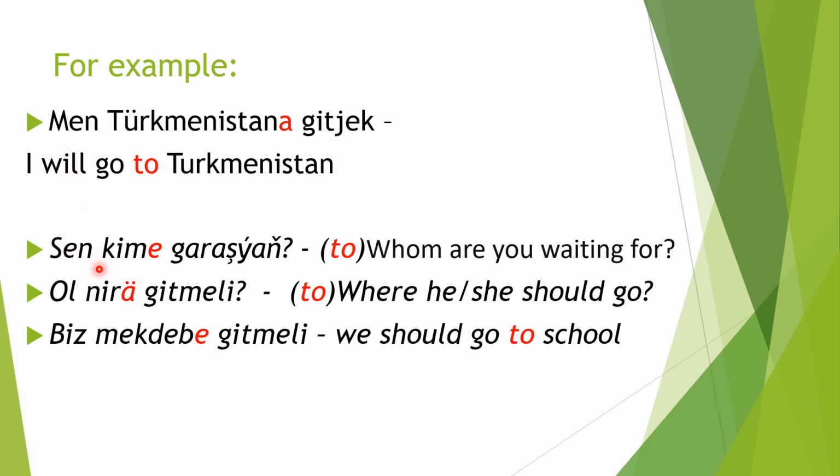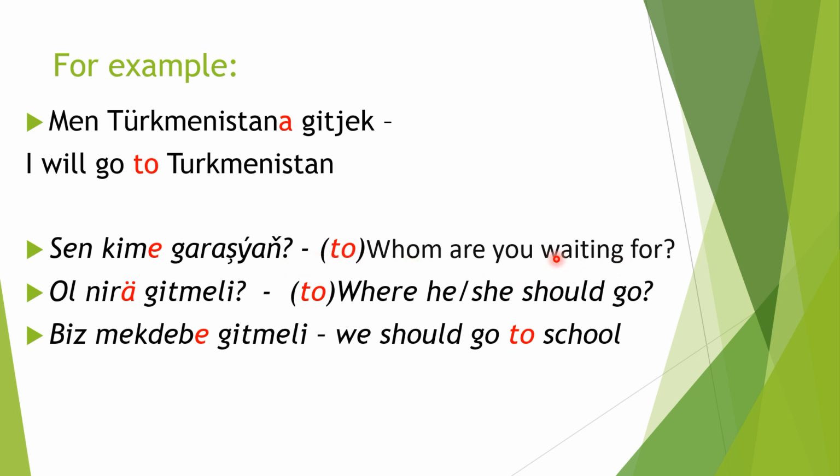Okay, the next example. Sen kime garaşyan? Kim is who. E is the Ýönelis düşüm suffix. Why did we add e here and a there? A is yoğun çekimli, back vowel, and e is ince çekimli, front. Sen kime garaşyan?